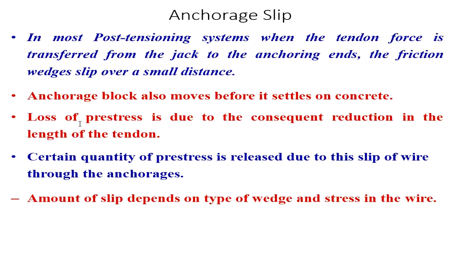Then loss of pre-stress is due to the consequent reduction in the length of the tendon. A certain quantity of pre-stress is released due to this slip of wire through the anchorages. The amount of slip depends on the type of wedge and stress in the wire.